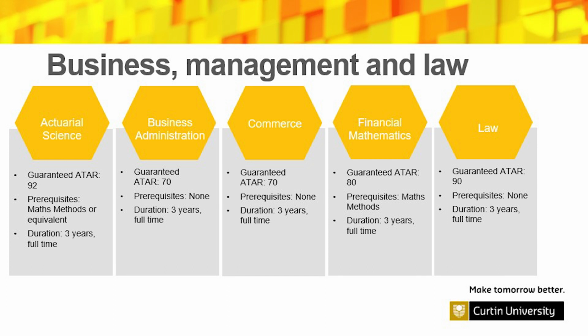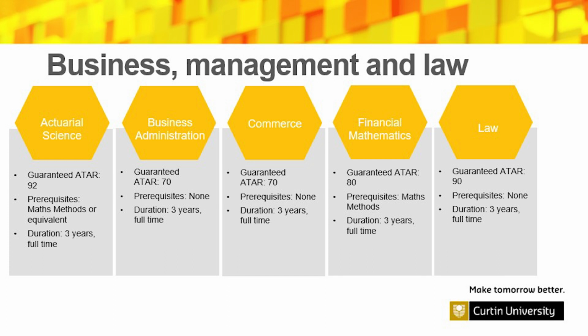So for those year 10s who have actually already picked their ATAR subjects, you want to have picked an ATAR subject that is in the English area, so English Lit, English as an additional language, or that overarching English course. Actuarial science, as an example, is another course that you can study that's very much in that data analysing and picking trends and being able to inform business decisions based on that.